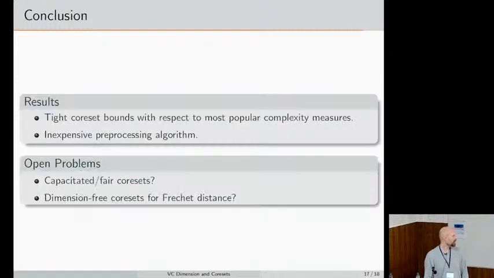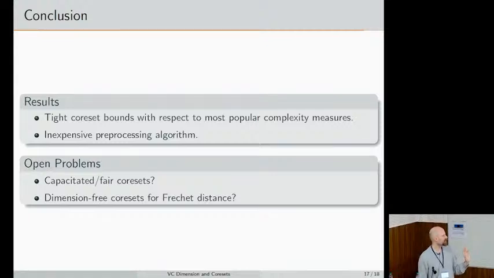Okay, good. So let me conclude first with some recap and then a few open problems. The first thing is that the VC dimension, despite being arguably the first abstract framework complexity notion that you would use to study coresets, has also been open for the longest, and we've now closed this.